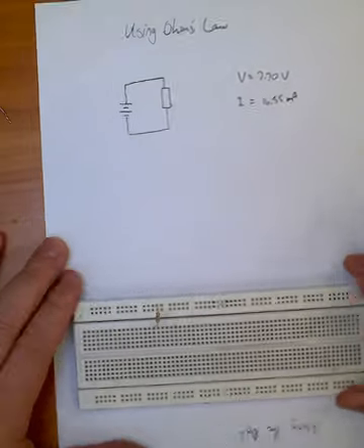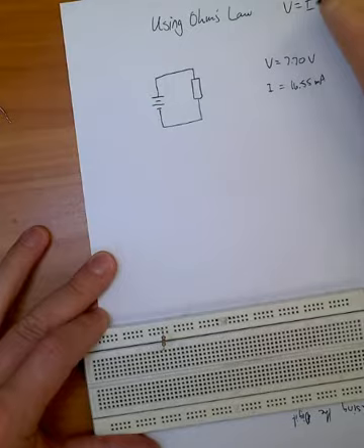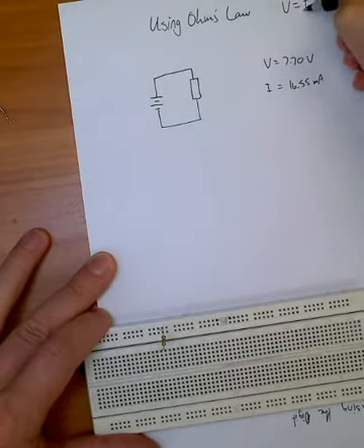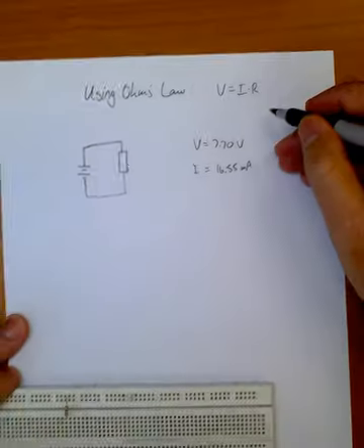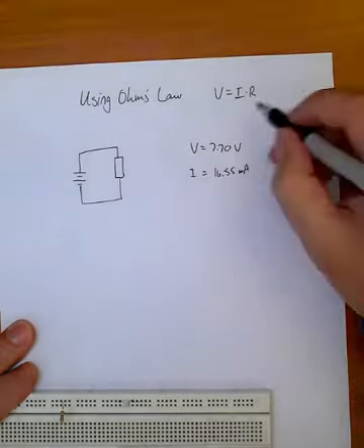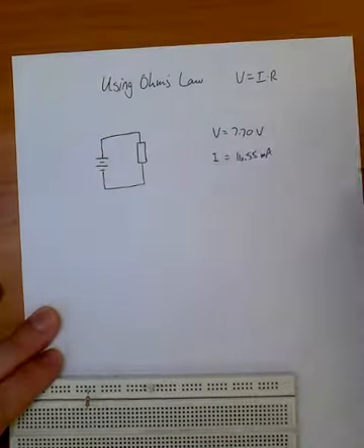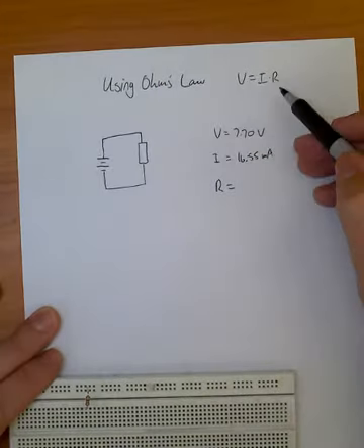Okay, so Ohm's law states that V equals I times R. Sometimes you see just IR, sometimes you see a little dot between it, or sometimes you see a multiply sign. I'm just going to use this notation to start with, IR. So R equals something, so I'm going to have to transpose this equation.